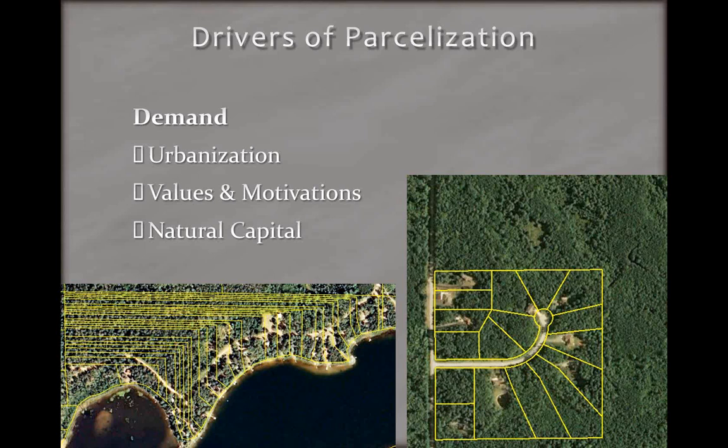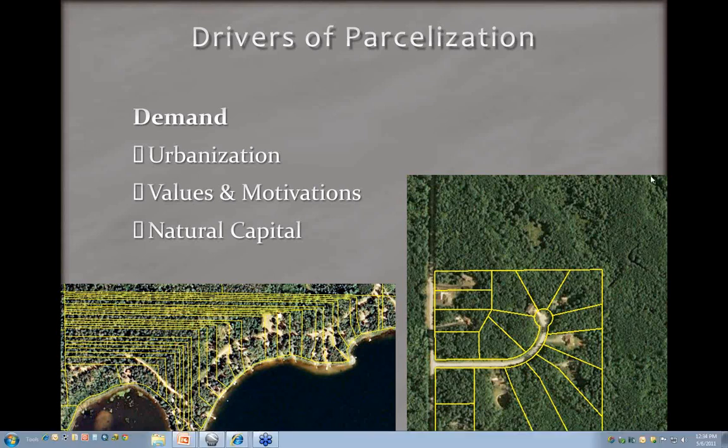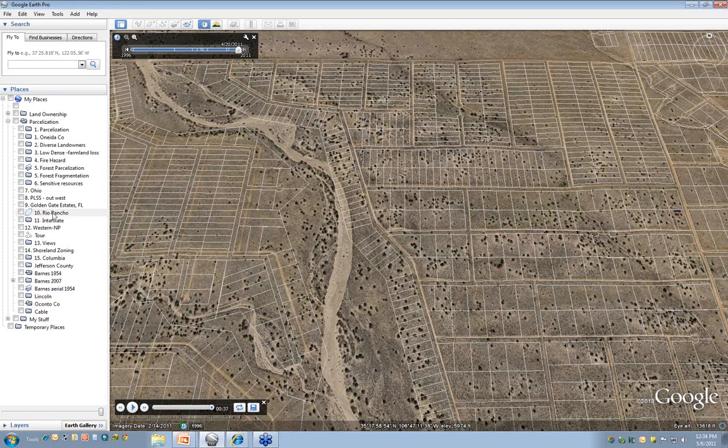We're finding, though, that once people can't afford lakefront property or it becomes totally developed, some of the next best places where people are looking to own property are our forest lands. Like on the right there, you're seeing subdivisions being carved out of some of our productive forest lands, but also other areas, and I want to show you some examples of that as well, again using Google Earth.